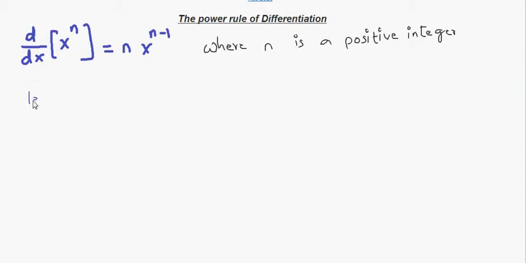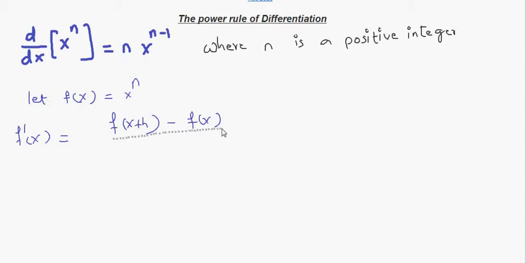Now let f of x be x to the power n. Then we know from the formula f prime x is equal to the limit as h approaches 0 of f of x plus h minus f of x divided by h.